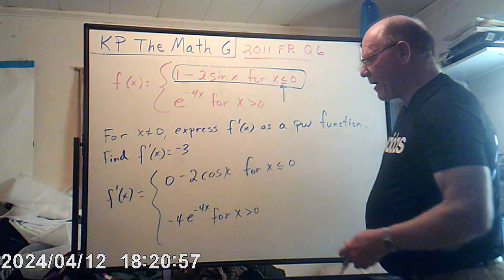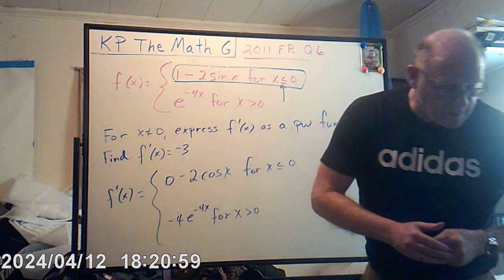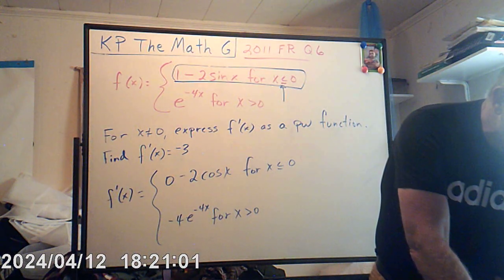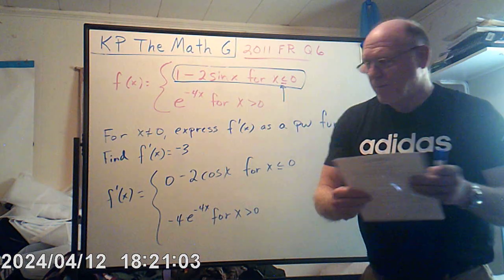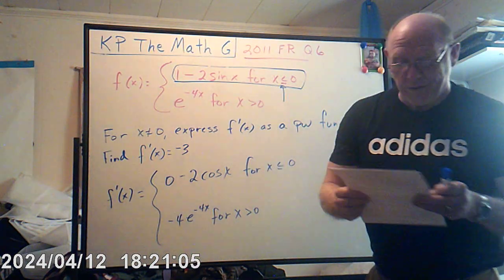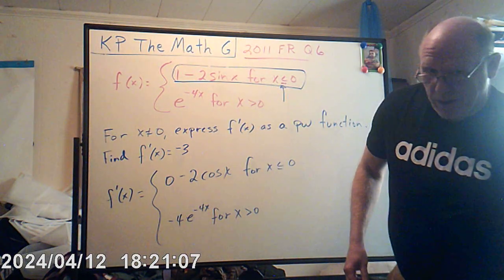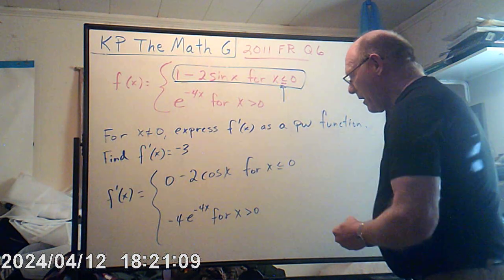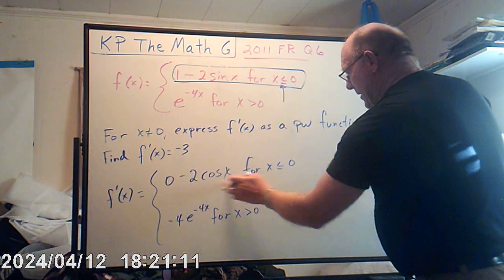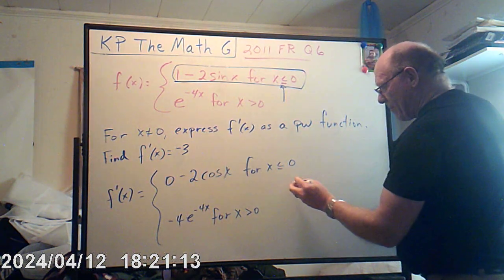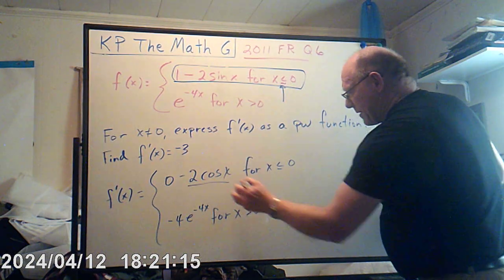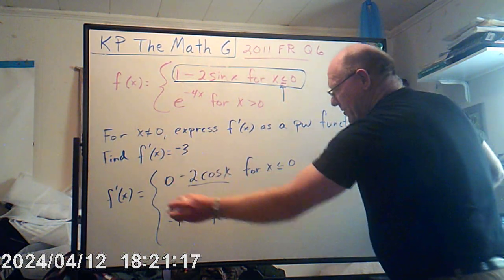Now f prime. Let's see, what does it say now? It says f prime at x equals -3. Now, here's the deal. We have to set these equal to -3 and see what happens. Let's take the first one here. So we can disregard the 0.